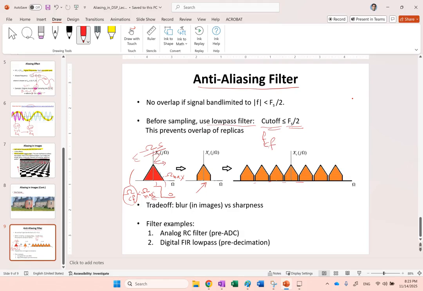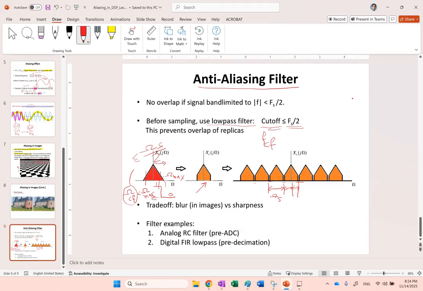Because you chop it at exactly half of that. When you sample it, these are going to be repeated at distances of omega S. Since this one is omega S over 2 and this one is omega S over 2 or smaller, there will be what? No overlap.